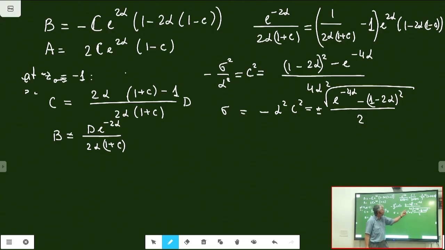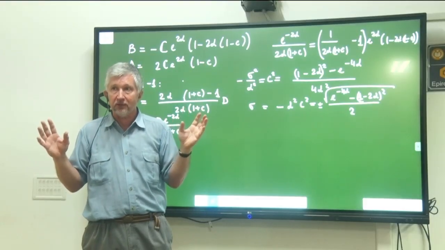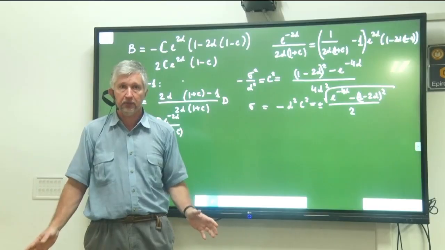So therefore, we need to insist on the fact that this expression under the square root is positive. But if it is positive, then the square root of a positive quantity is purely real. So therefore, it is not going to oscillate. It will just be growing.